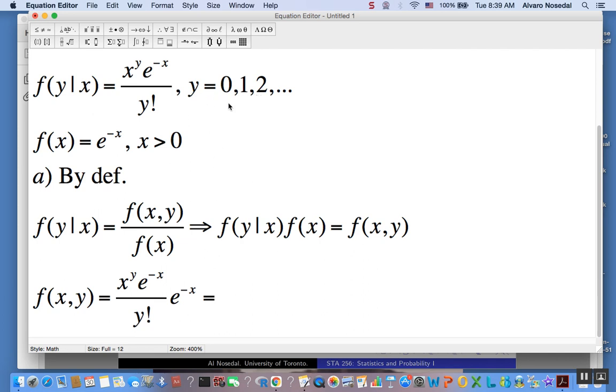The y can be 0, 1, 2, up to infinity, and x just positive.